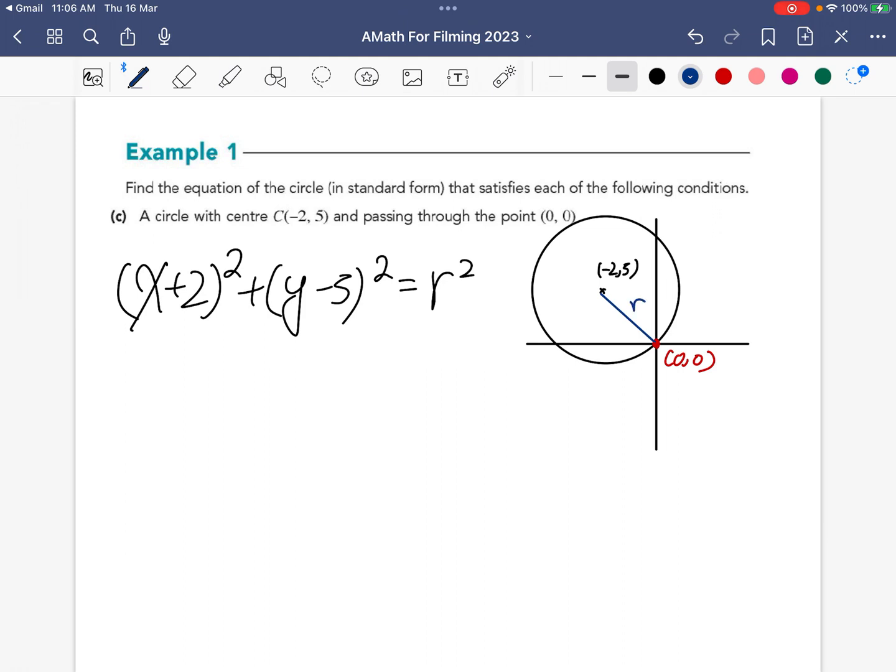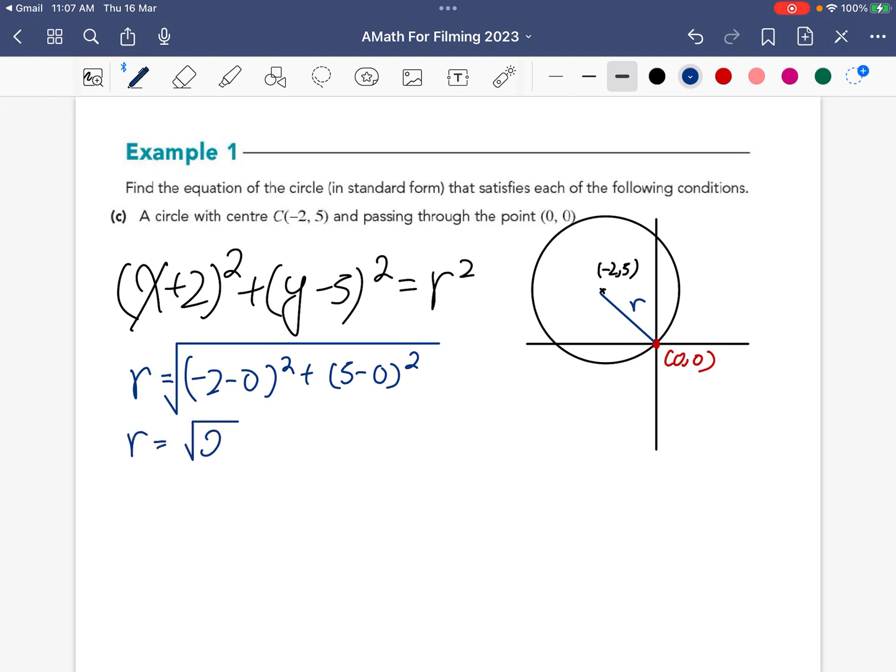That will give you the radius r, as you can see from my diagram. So in this case, my radius is, if you remember the formula for the length of a line, the square root of (negative 2 minus 0) squared plus (5 minus 0) squared. So the radius in this case is square root of 29.